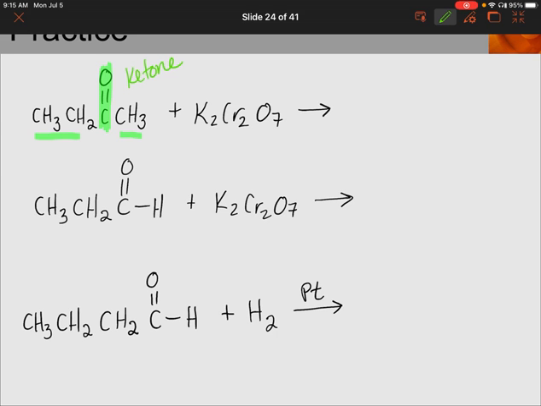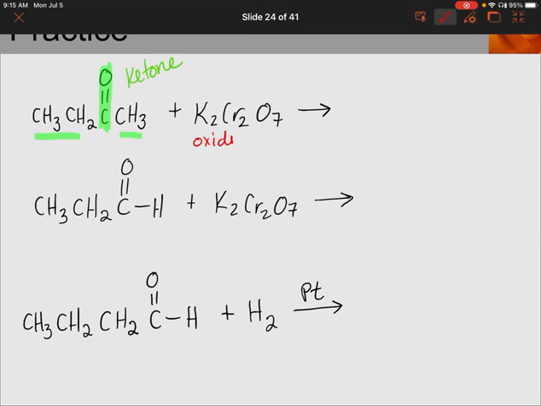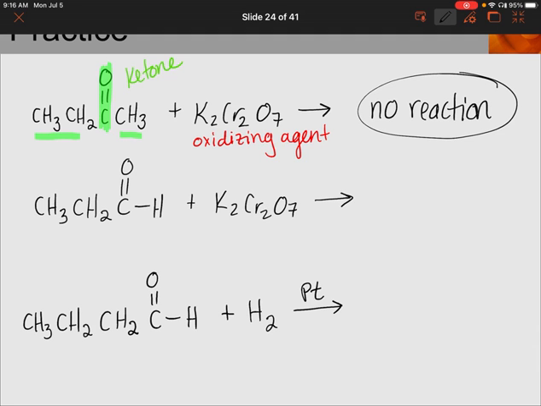And then potassium dichromate is an oxidizing agent. And do ketones oxidize? No, they do not. So this would actually have no reaction. So ketones do not oxidize.